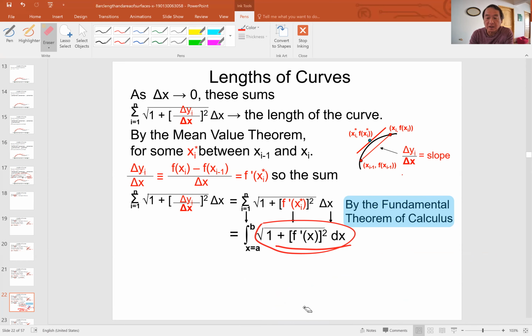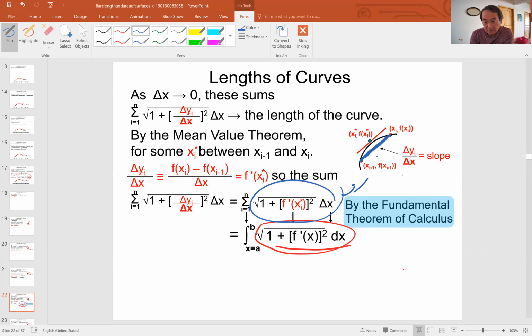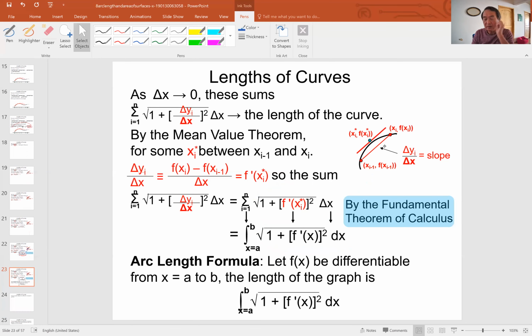It's an approximation of the length of these pieces, and we're adding them up. So it's not difficult to obtain the formula. The difficult part is that there are not too many functions we can actually integrate, for example f of x equal to x squared minus 3x divided by x or something like that.